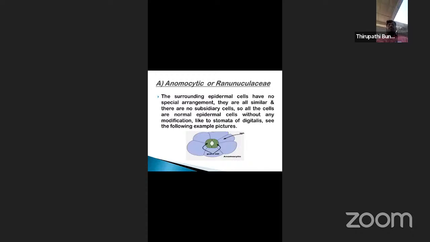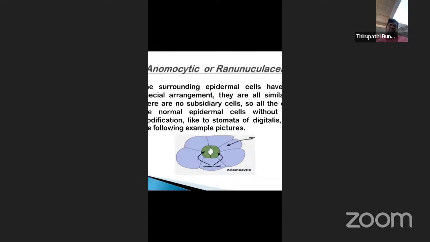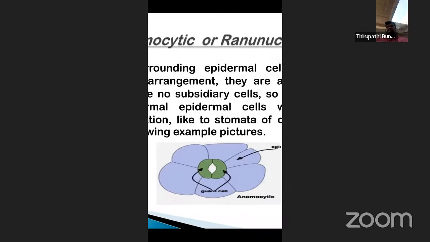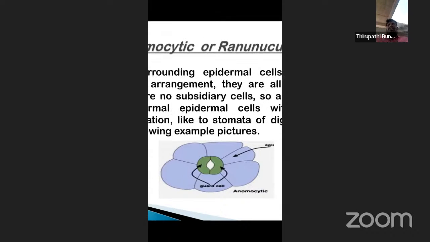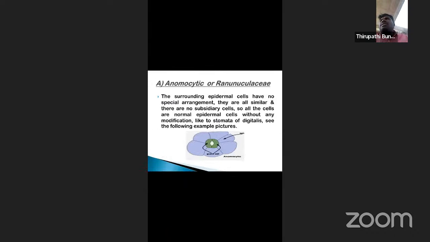The stomata are surrounded by normal cells, without any modification or special structure. This is anomocytic.